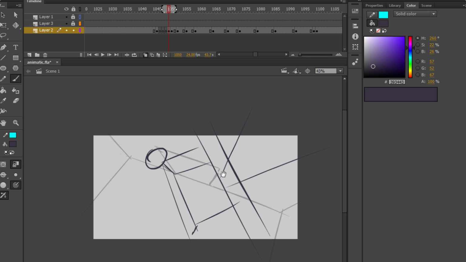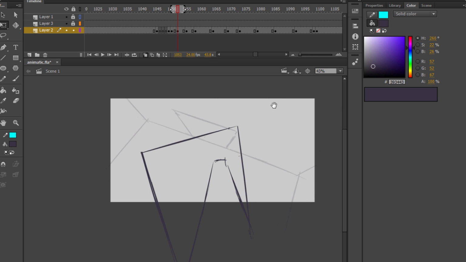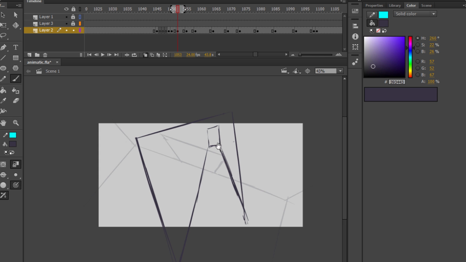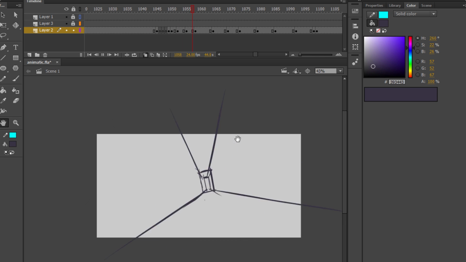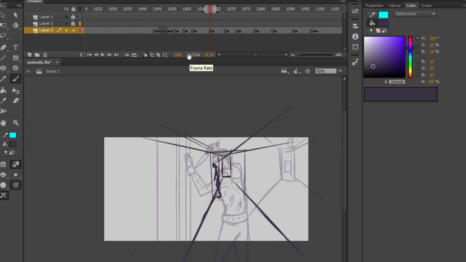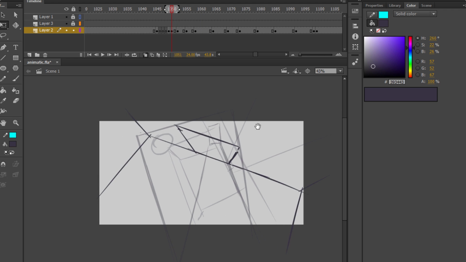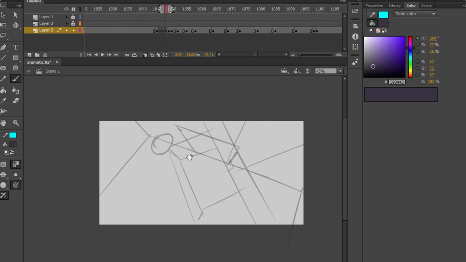So one person asked if this part was rotoscoped, and it's definitely not rotoscoped, and I didn't use any 3D devices either. I think it might look like it is rotoscoped, maybe because it's not a very common practice to use this kind of scene in animation. This technique is not that common, I guess.